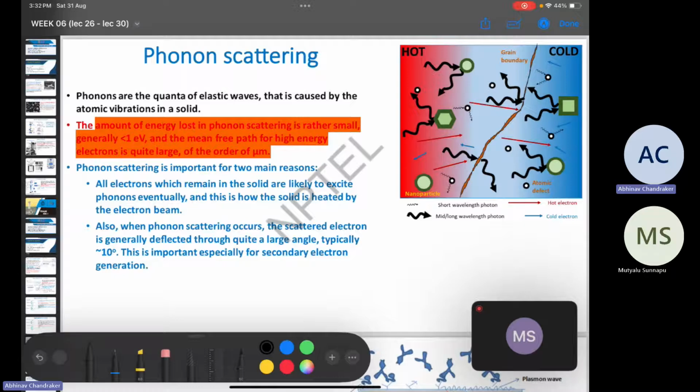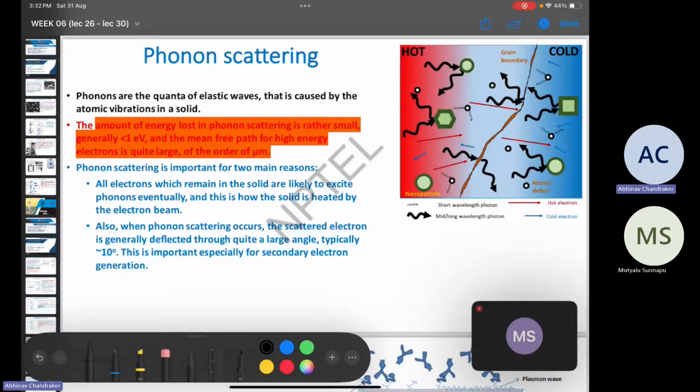But this loss of energy has been observed to be less than 1 electron volt. It is small, and the mean free path for this is quite large. We had discussed mean free path. If the mean free path is large, that means that the interactions are less common. The electron will go through higher distances before having subsequent interactions with the material atoms.